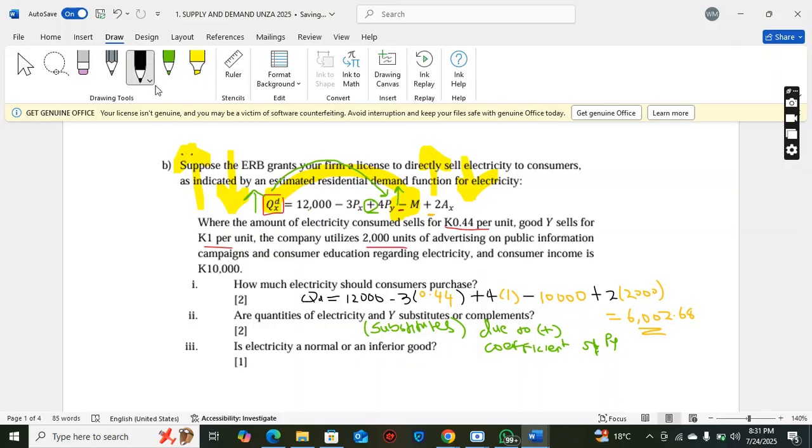So we say this is an inferior good, due to the negative coefficient of M. Yes. Any questions?